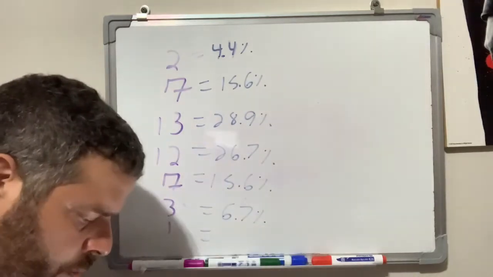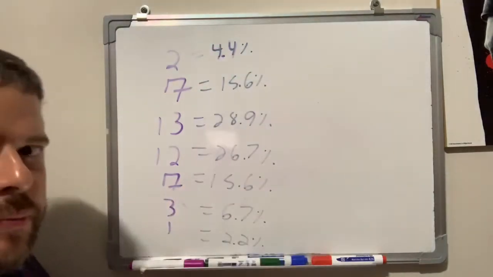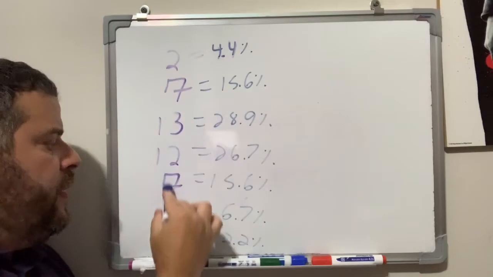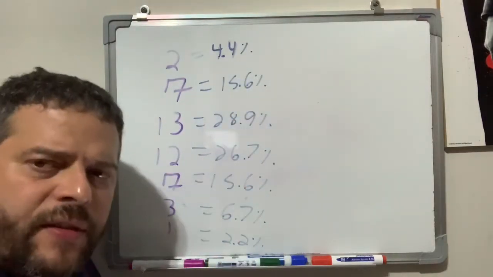And 1 would be 2.2%, pretty much half of 2. So pretty straightforward. This would be frequency and this would be relative frequency, the percentage.